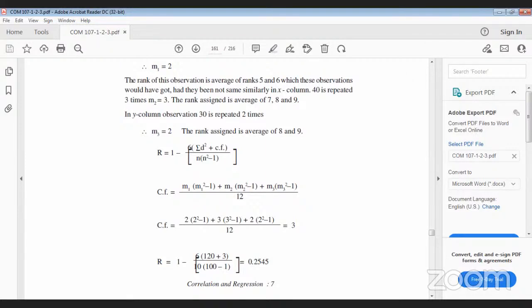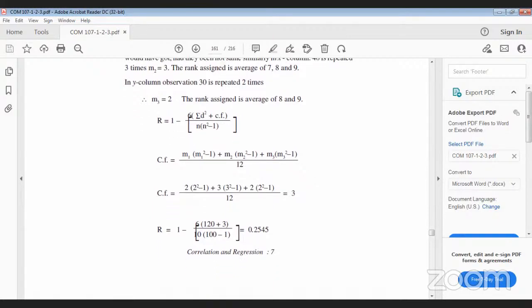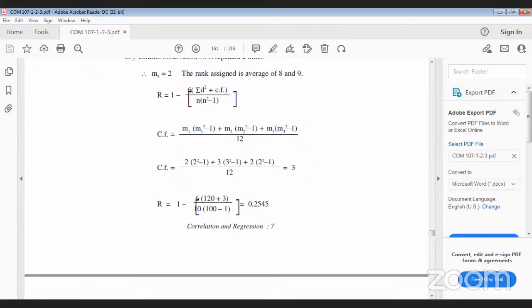So here it is 1 minus 0.7455. The answer will be 0.45. So in this way, you will find that there is no correlation here.